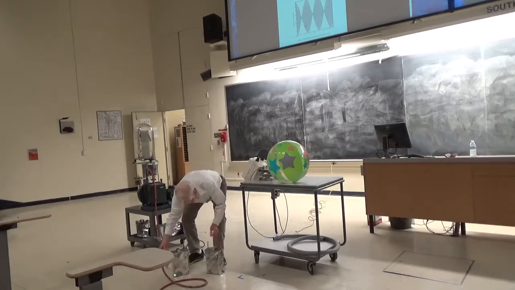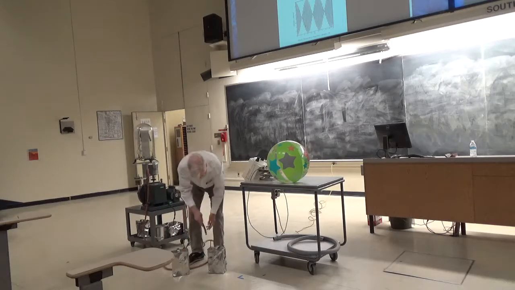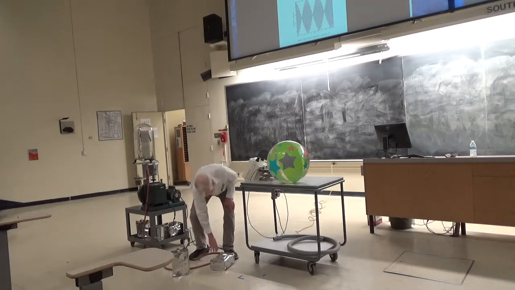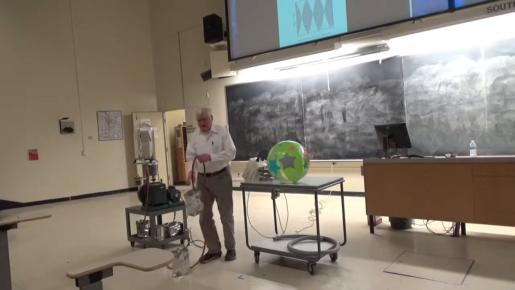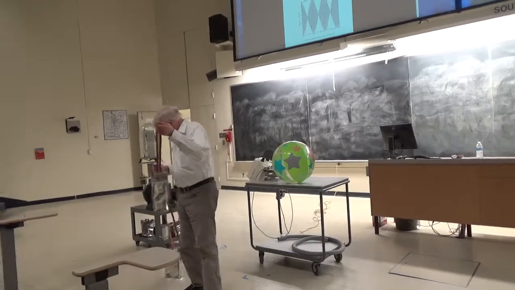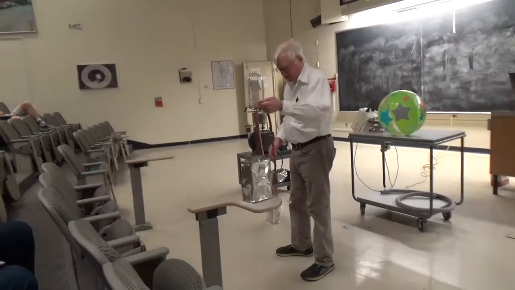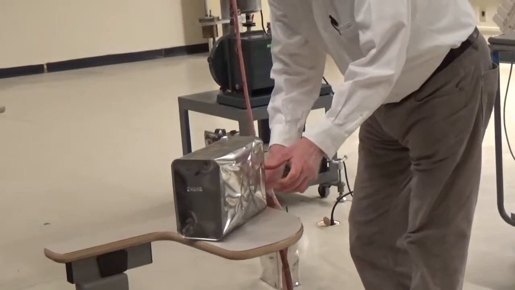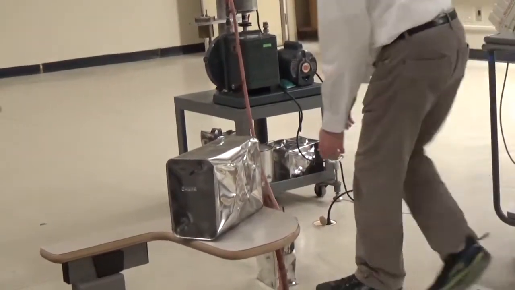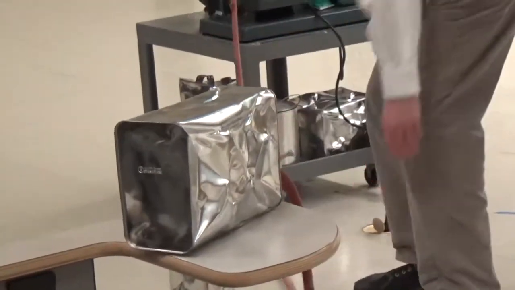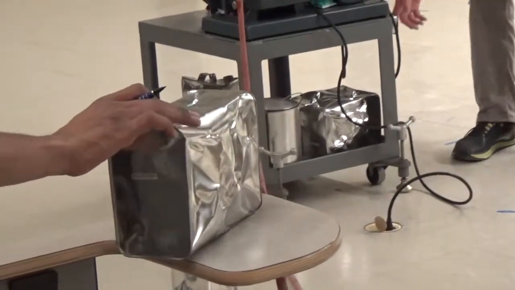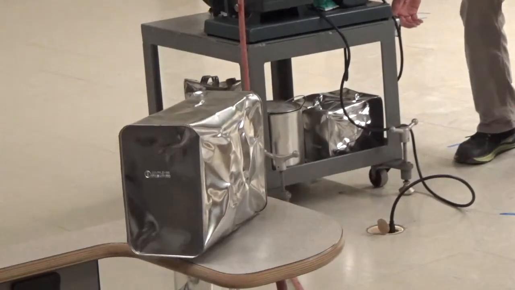But if I put this rubber hose on it, let's see, maybe I can put this over here so it'll be a little closer to at least some of the students. All right, now I'm going to turn on this vacuum pump and see what happens.